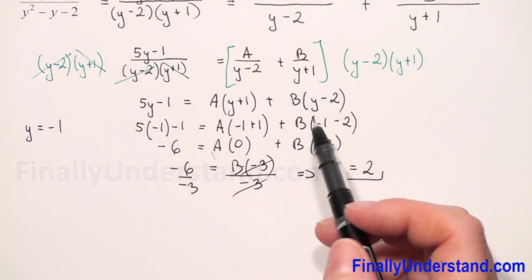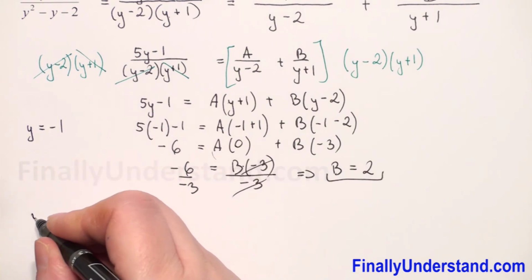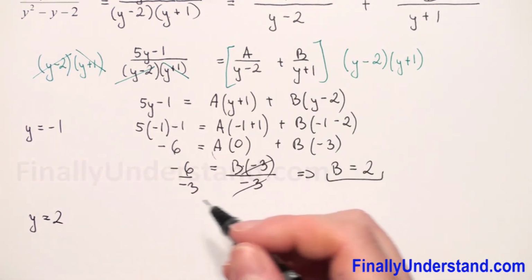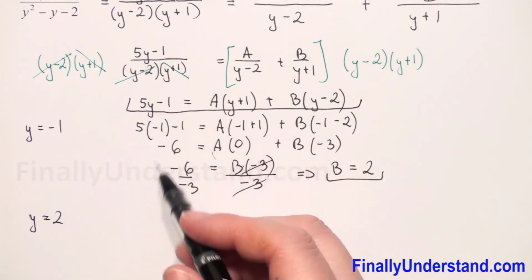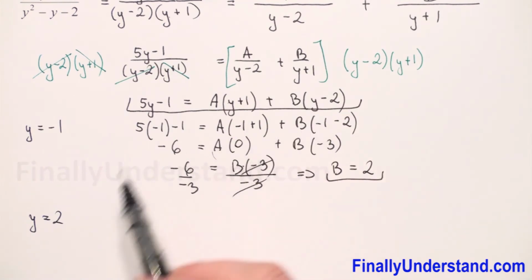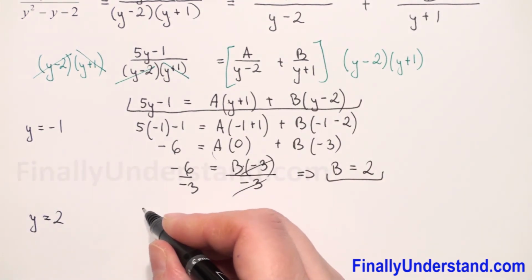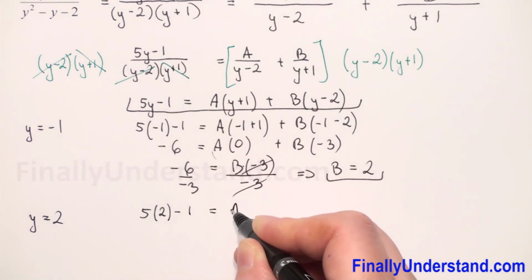So like I said, now we'll substitute y's by 2. For y equals 2, what will be? Again, to the same equation, we have to substitute every y by 2. So we have 5 times 2 minus 1. This is equal a.